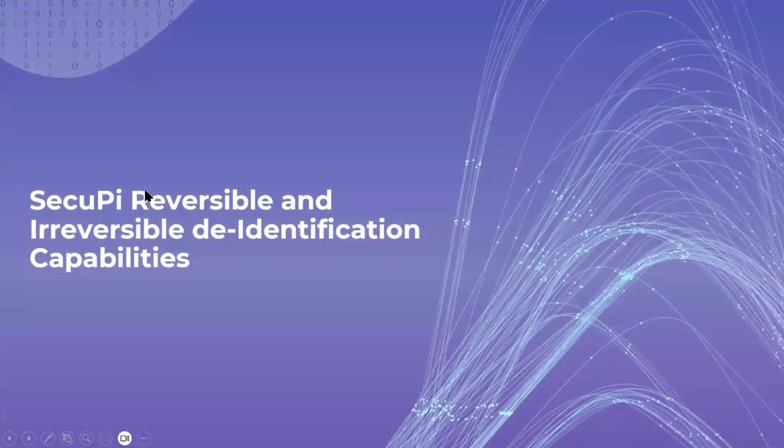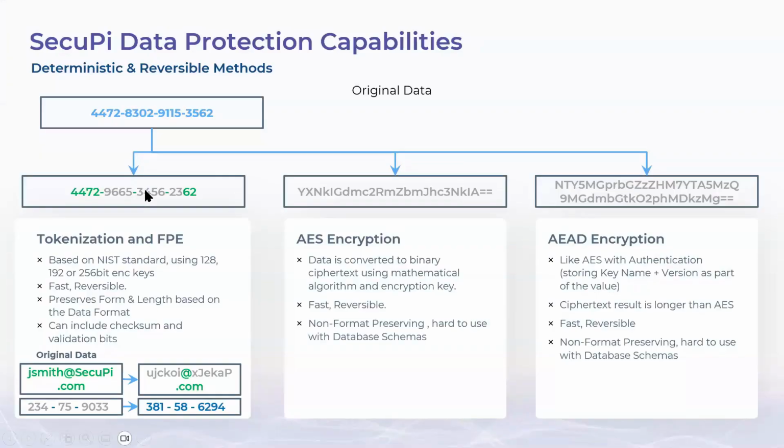So I think just to show some illustration of what can happen with de-identification, we have different protection capabilities. One of them is a deterministic and reversible method.